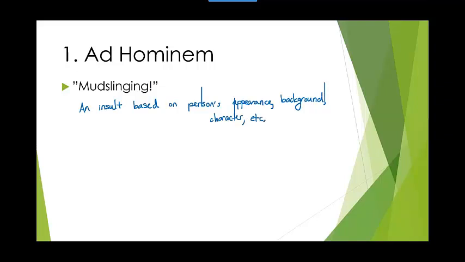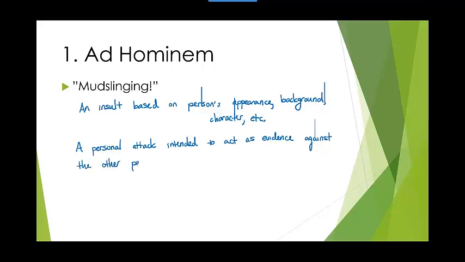And so the idea is that if you use ad hominem, then you're making some kind of personal attack, which may or may not be true. But the bad thing is that it is intended to act as evidence against the other person's point of view.